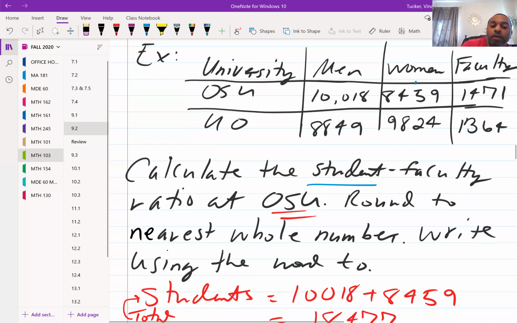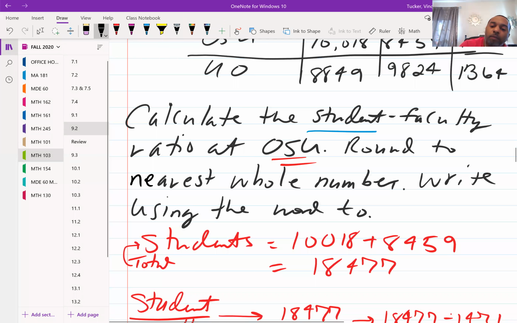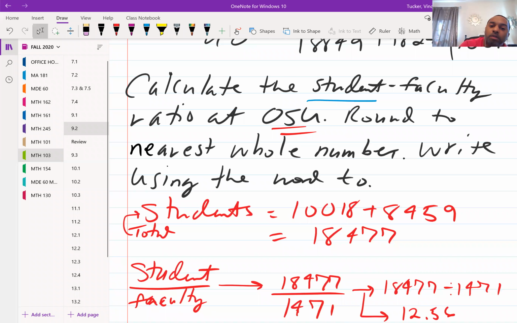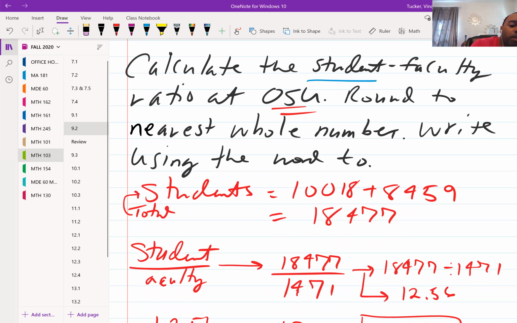So we're looking at the student to faculty ratio. The total number of students that we have is right here. You would take the 10,018, add it to the 8,459. That gives us 18,477. And so student to faculty is going to be 18,477 over the 1,471.